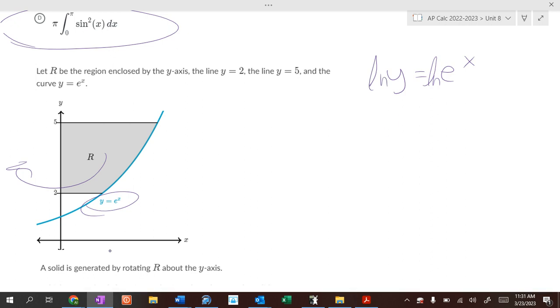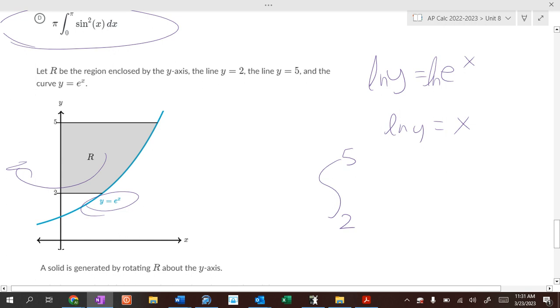So ln of y equals x. We're going to integrate from what to what? 2 to 5. Sorry, that's a 2. 2 to 5 of the ln of y squared dy with a pi out front.